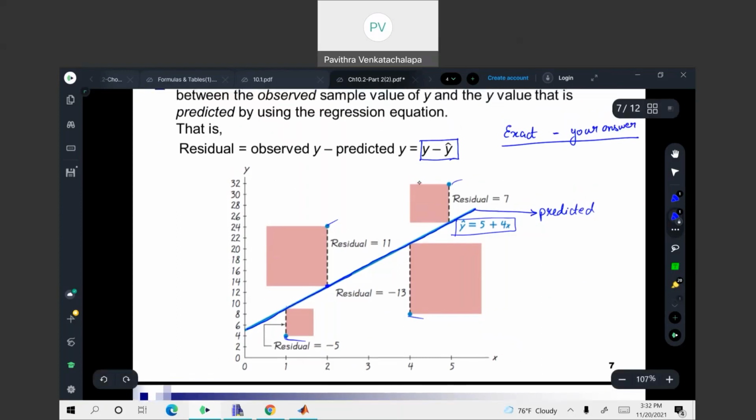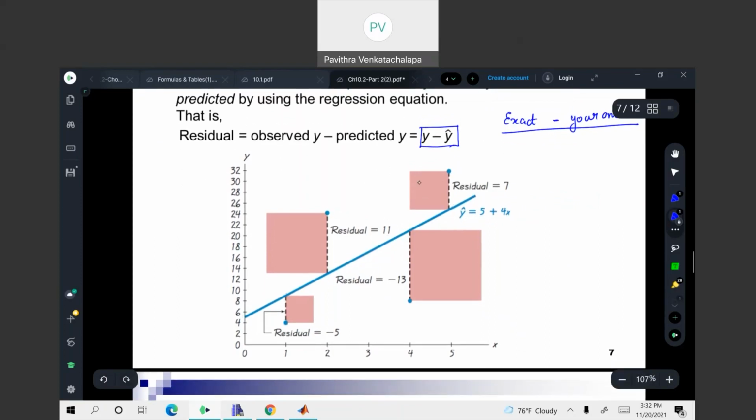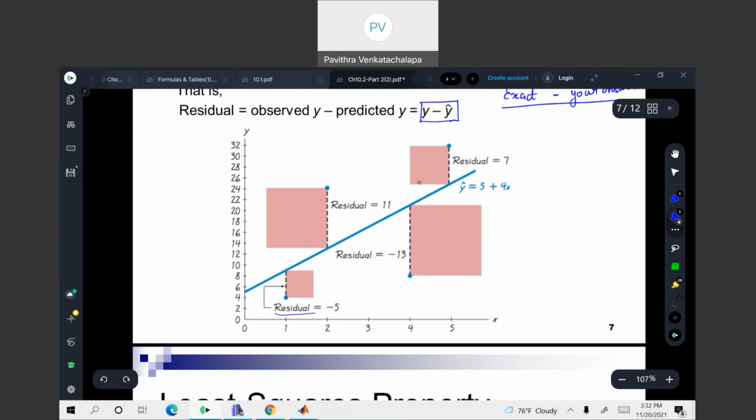Okay, now let's say, okay, now how did I get 5 here? That is nothing but you need to subtract your observed data with the predicted value.